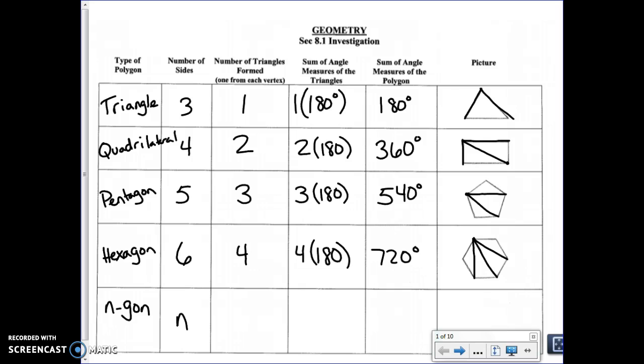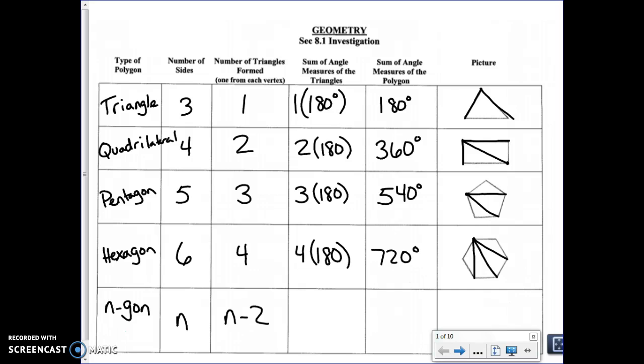So if I look, though, from 3 to 1, from 4 to 2, from 5 to 3, from 6 to 4, I notice that I've subtracted 2 every time. So I take the number of sides that I have and take away 2. And that's how many triangles I can form in that polygon. And then I noticed that I multiplied the number of triangles times 180.